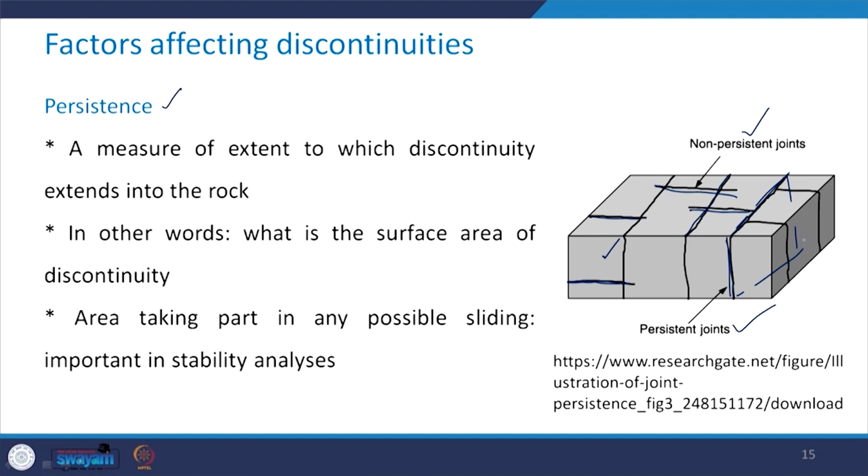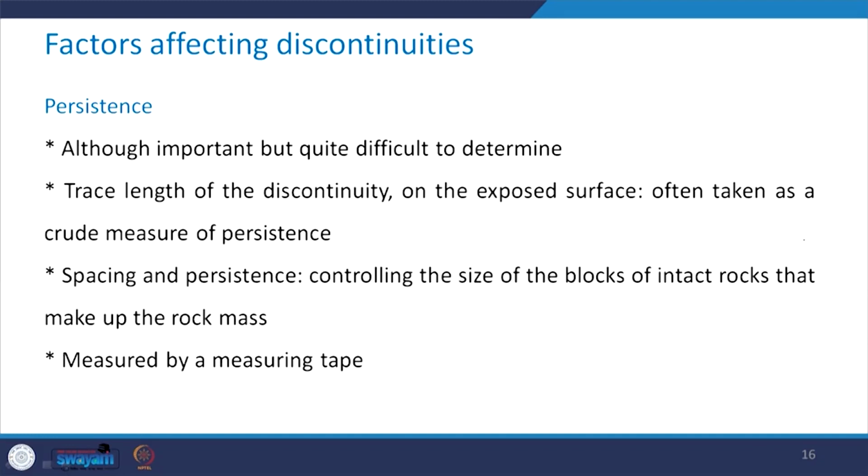So, the area taking part in any possible sliding is very important in the stability analysis, and obviously that area is related to this term persistence. So, one needs to be careful about this factor. Although it is very important from the stability point of view, it is very difficult to determine.